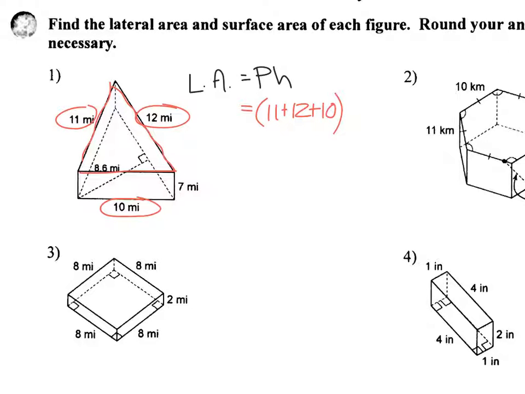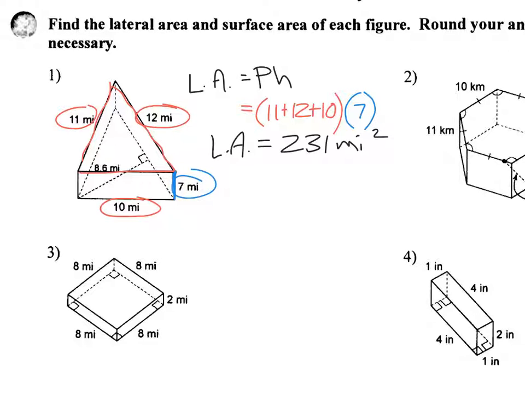And then our height is the height of the shape, which is how tall the prism is. So that's 7. I do all that on my calculator, and I get 231. Okay, so that would be miles squared.